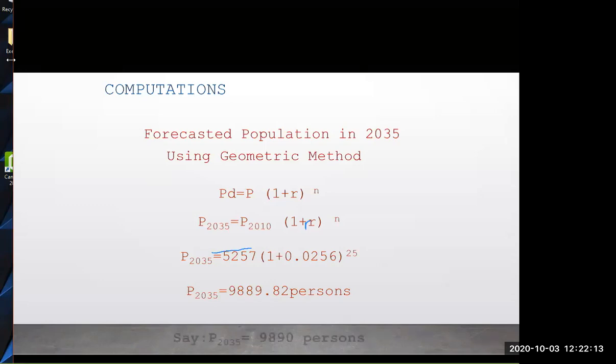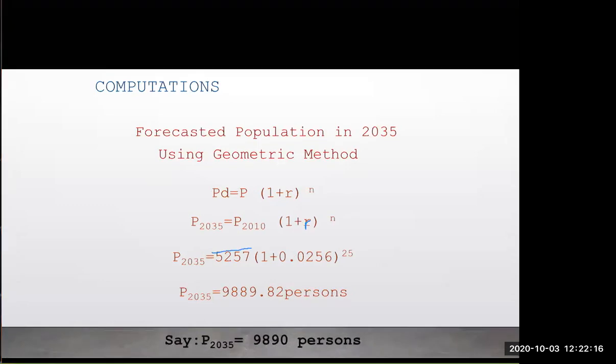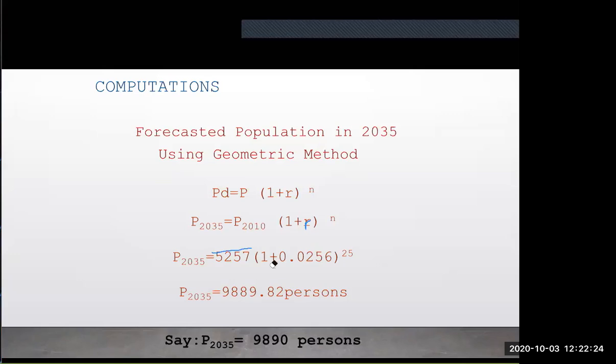So what we are to determine is the population by 2035. So use 25 years. By computing this value, you get a projected population of 9,890 persons. Okay, take note. So if I want to know how many people would be in Pinsao Proper, Baguio City by 2035, I get 9,890 people.